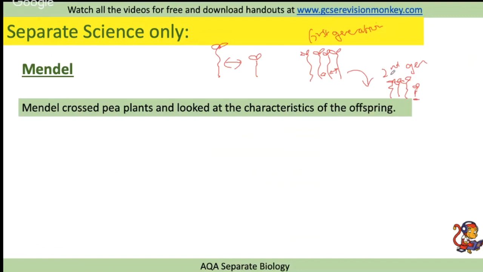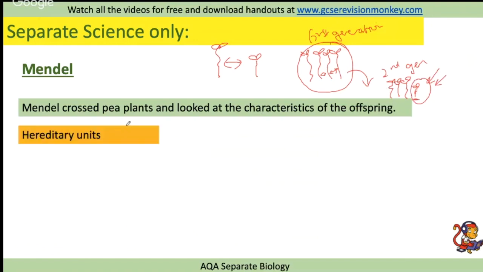Now, he is the father of genetics, really, because he started understanding that the fact that the first generation were all tall, but there's some small came out in the second generation, they must be having some sort of units that they are being passed down from generation to generation. So he called these hereditary units. He did not know about genes or DNA at that point.